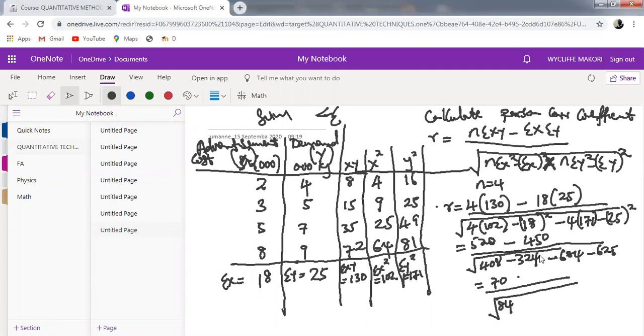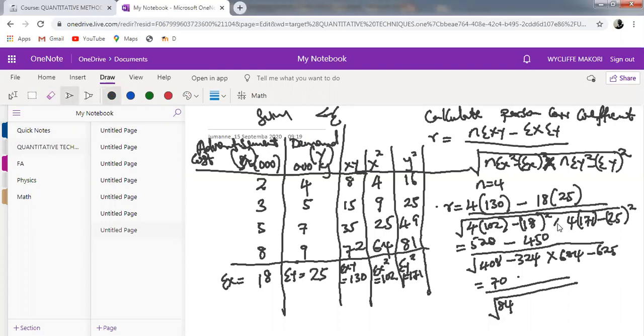Here it is actually supposed to be multiplication. We forgot it is supposed to be multiplication, not minus. It's supposed to be times. And here also, sorry for that, it is supposed to be multiplication.